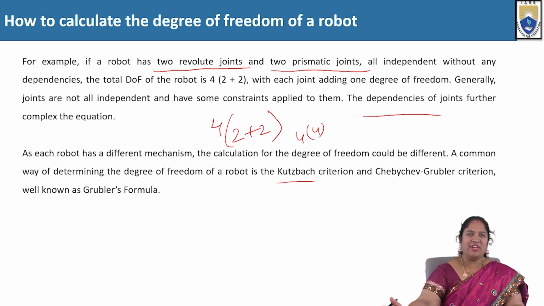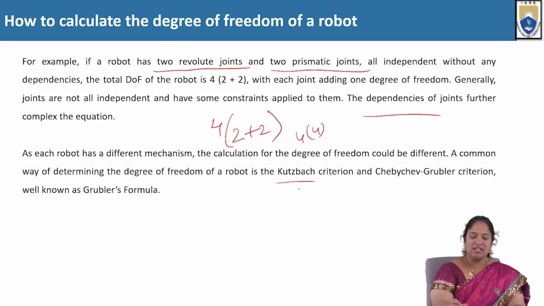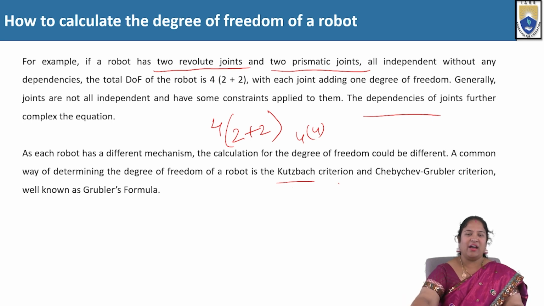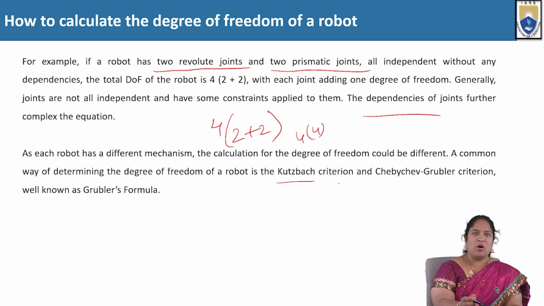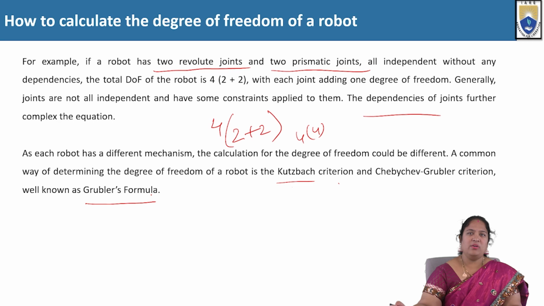But a common way of determining the degree of freedom for a robot is called the Kutzbach criterion. We have one common method with the help of which we can determine the degree of freedom, and that criterion is known as the Kutzbach criterion, or we can also call it Grubler's formula.